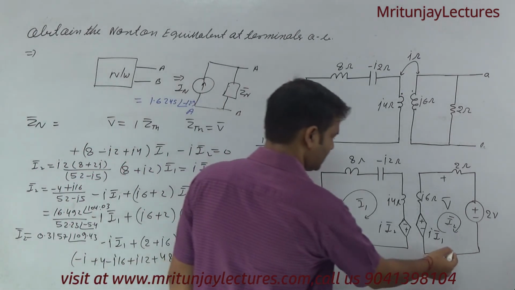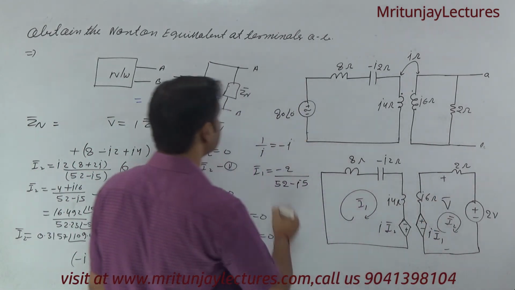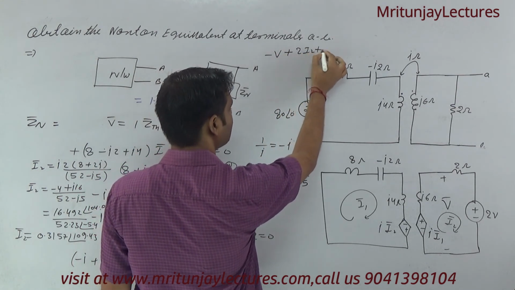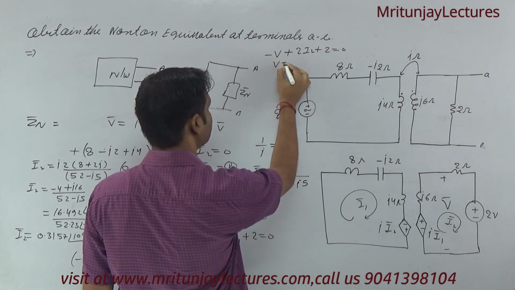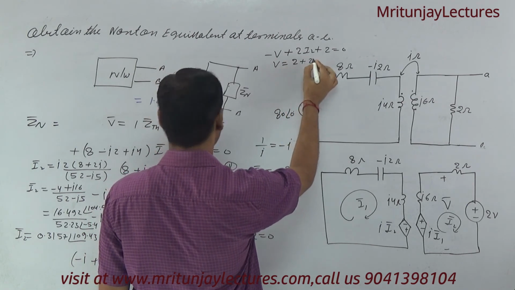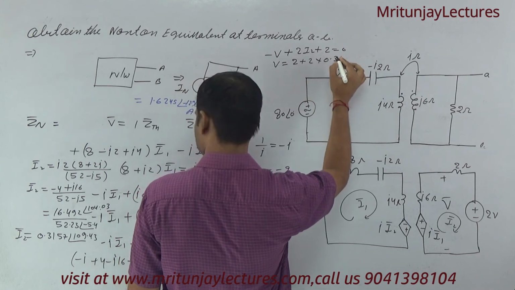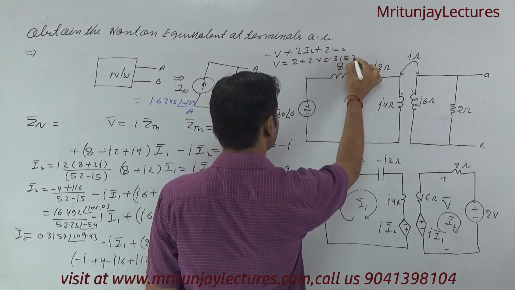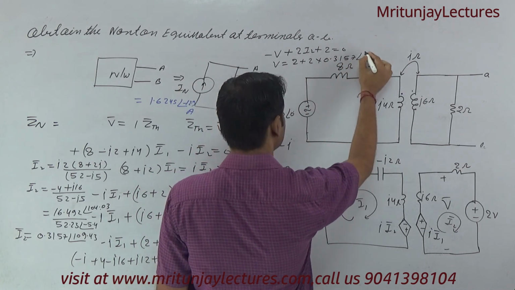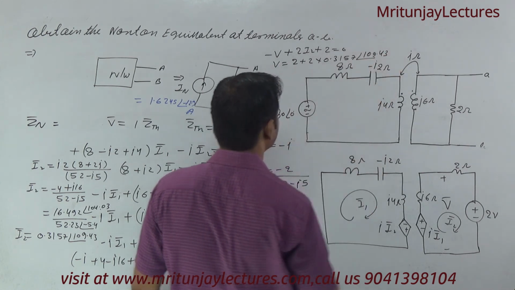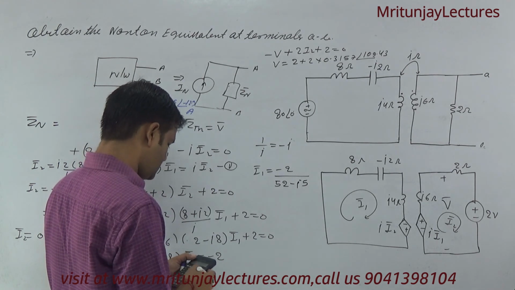Okay, now minus 2 plus minus V plus 2I2 plus 2, this will be equal to 0. So V this will be equal to 2 plus 2 I2. I2 is 0.3157 at the angle 109.43. Okay.